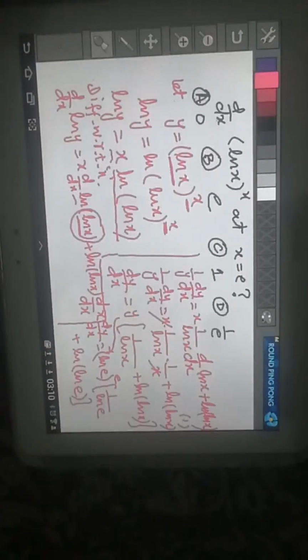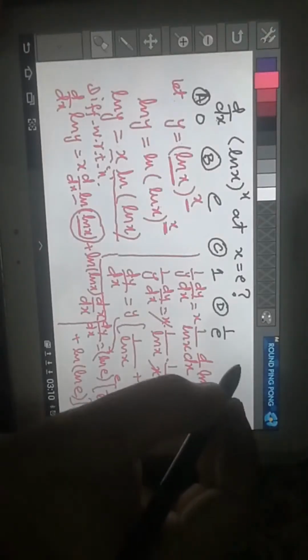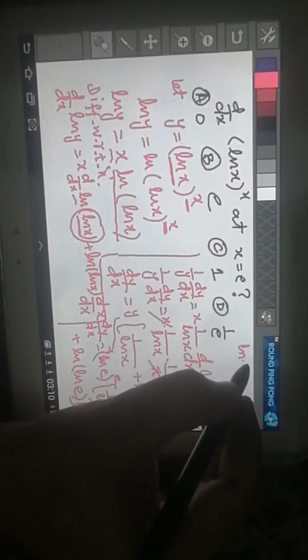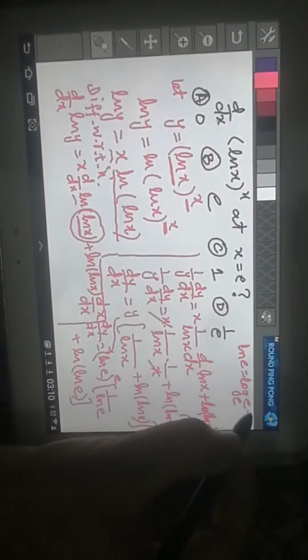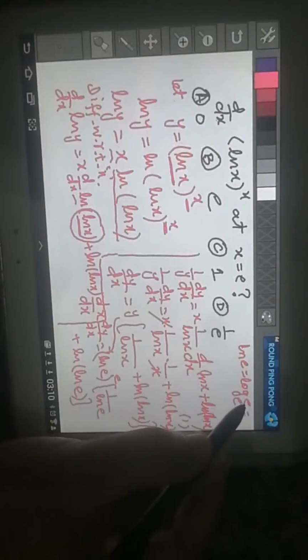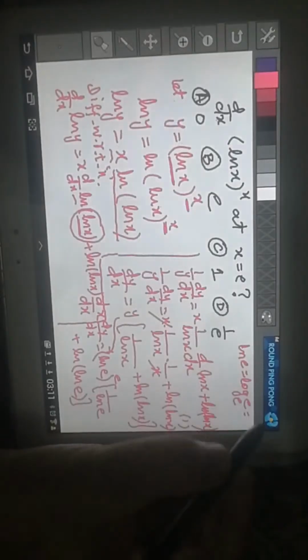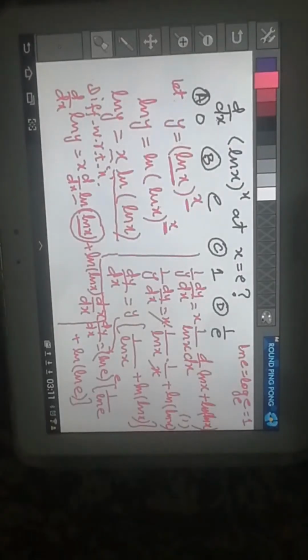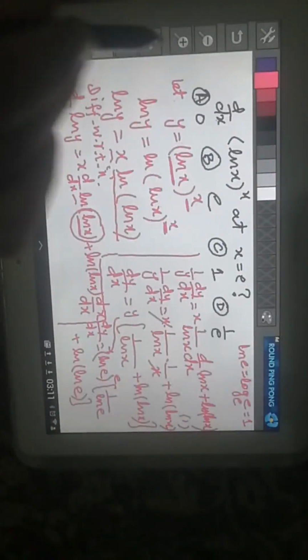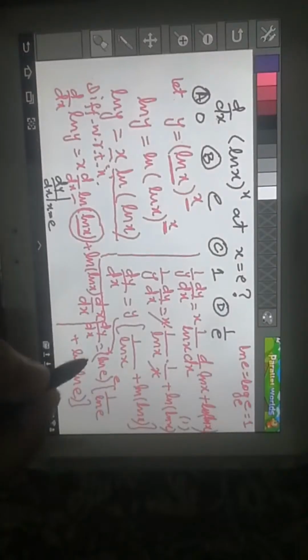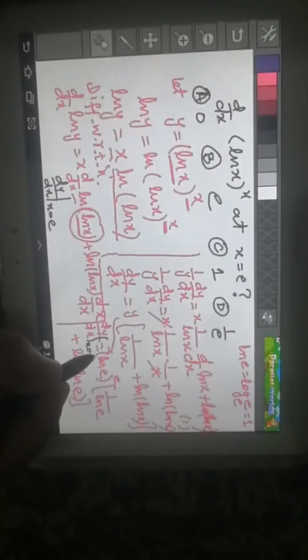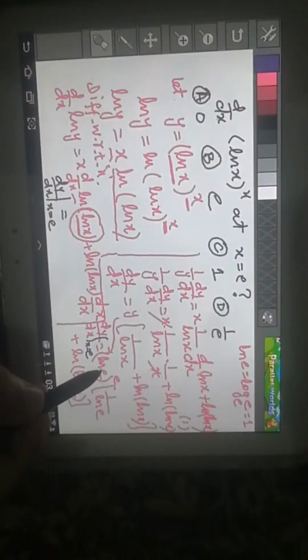So everywhere x. You know that natural log of e is log to the base e of e, and whenever the log having a base and the value on which it applies are the same, its answer is 1. So natural log of e is 1, right? So if I write it here, dy by dx at x equal to e, okay, at x equal to e, it has been done.